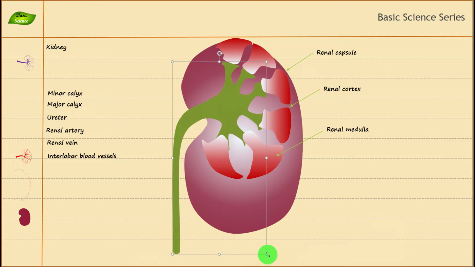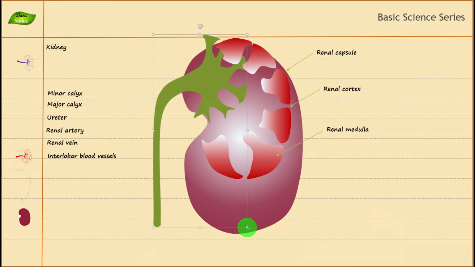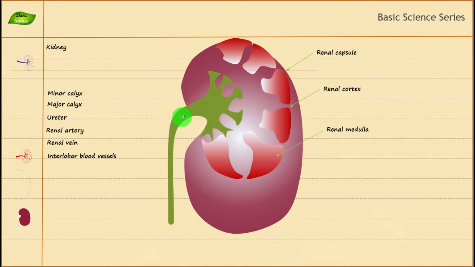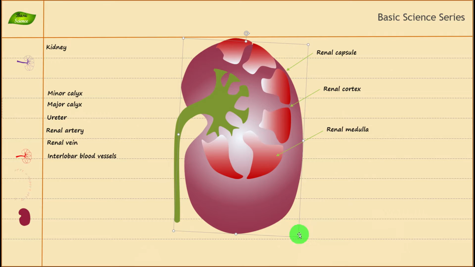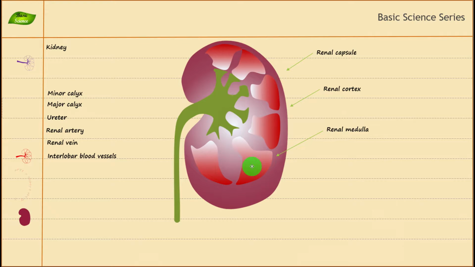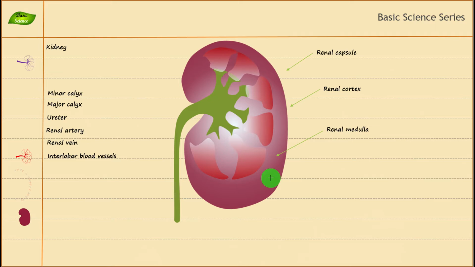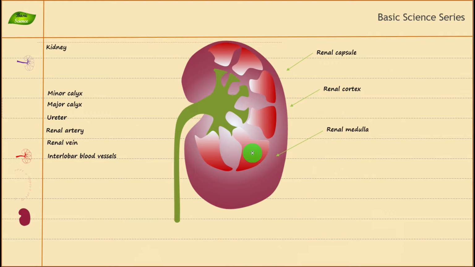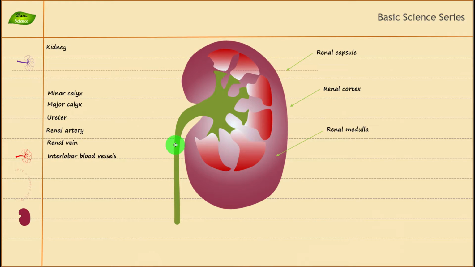Looks like I have designed everything a little bit bigger, so I'm going to make it a little smaller. Okay, so here, and as you can see, this green colored structure is trying to attach. I'm trying to attach it to the renal medulla. So eventually it's going to collect the waste from the medullary region.